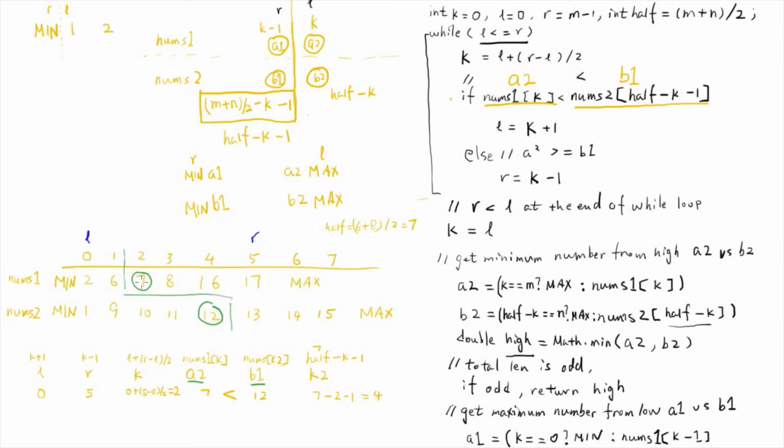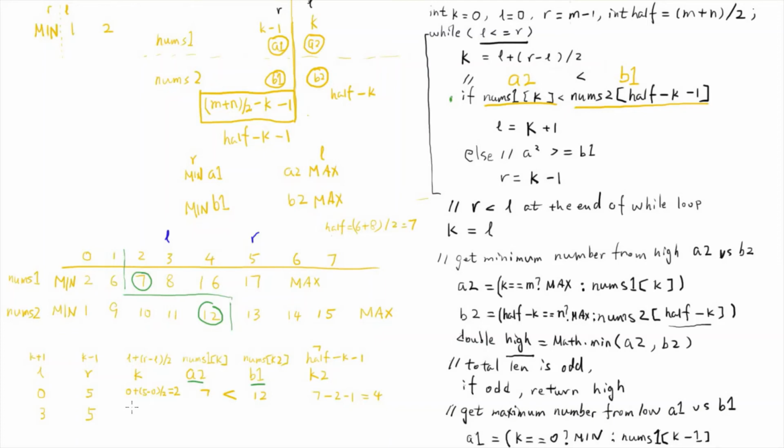But the 7 on the higher side is smaller than the 12 on the lower side. So if A2 is smaller than B1, then we will move the left boundary to position k plus 1. So the k is at 2, then we move to 3. Now, the value for L is 3, and the value for R remains as 5.